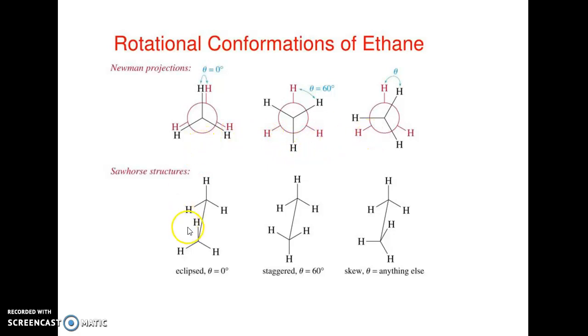The same can be given for the sawhorse structure. This is the eclipsed form, theta equal to 0 degrees. This is the staggered form, theta equal to 60 degrees. This is the intermediate of eclipsed and staggered, the sawhorse representation for the skew form. So this is how you can give both Newman projections and sawhorse structures for ethane.